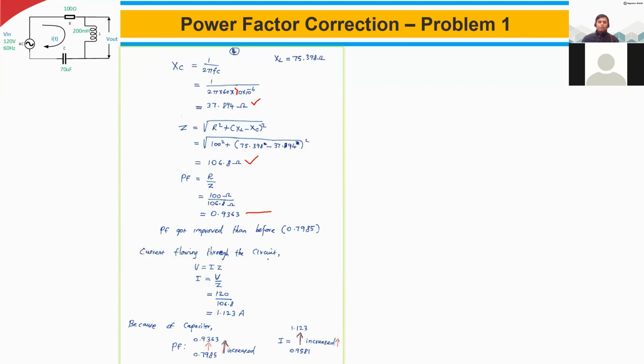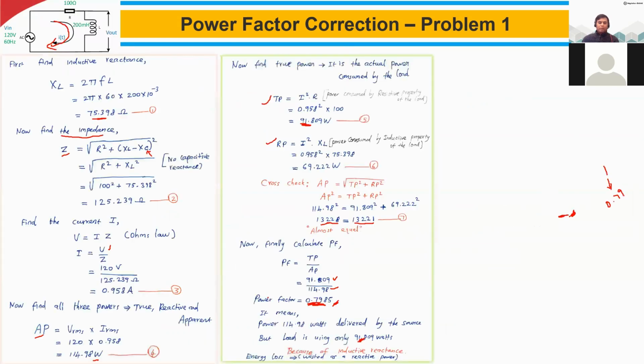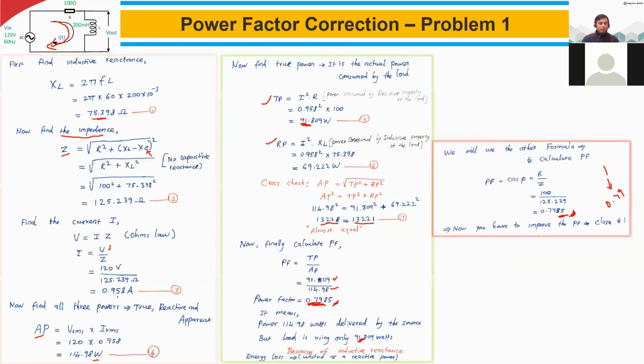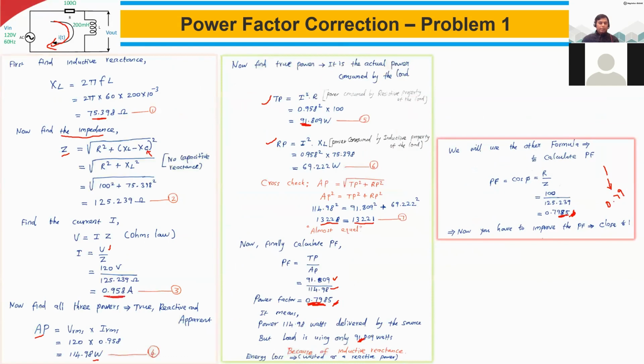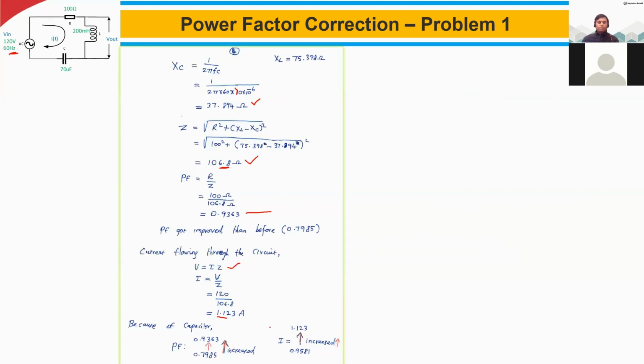And for the current flowing through the circuit, again use Ohm's law. V is equal to I Z, so I is equal to V divided by Z. V is 120 volt, divided by the Z we have found just before. So you can find the current value. In the previous calculation, we also found the current value, right? The current value was 0.958 amps. But here you can see the current value is more. The current value is 1.123.